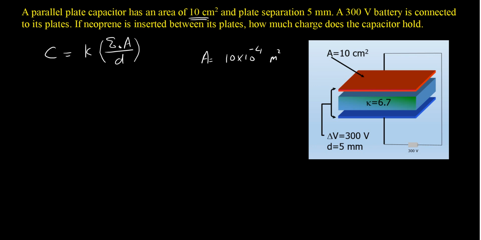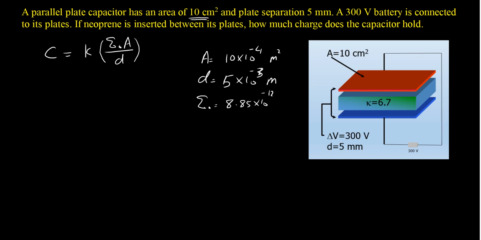Now for the distance, again, it will be 5 times 10 to the power minus 3, in meter, so we convert it from millimeter to meter. Now the epsilon naught, a constant, is 8.85 times 10 to the power minus 12, and we know the unit, it is coulomb squared per Newton meter.